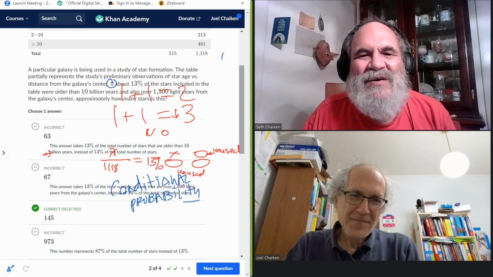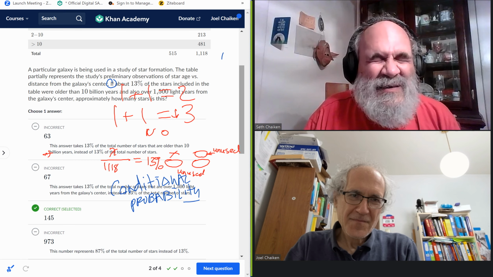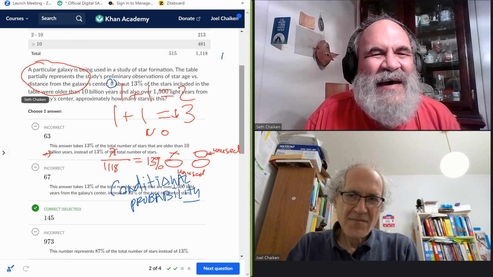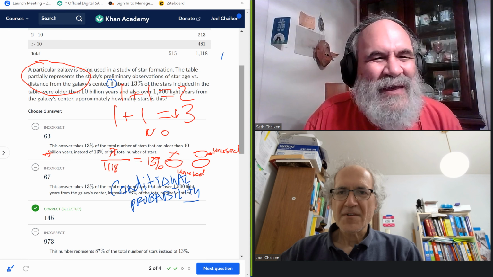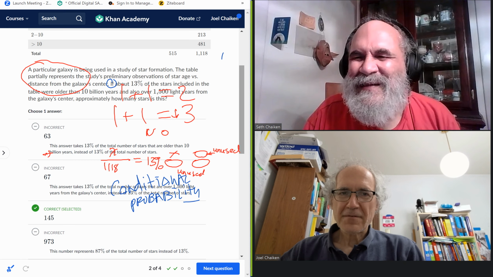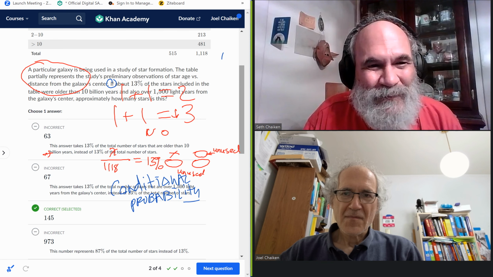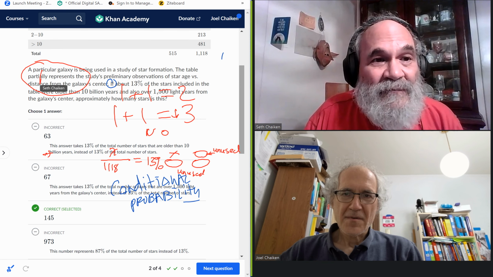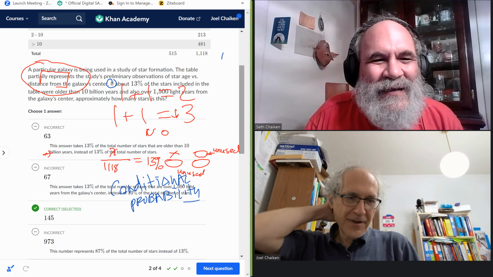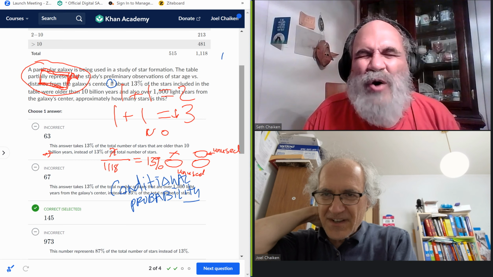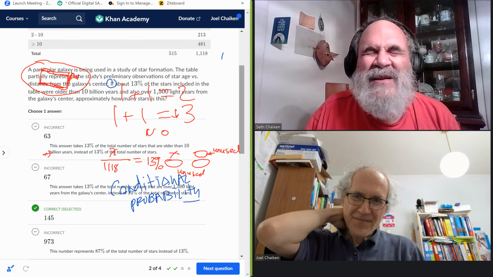Conditional probability is the following. You have a set of things that might happen. It's called the sample space. And conditional probability is when you specify a subset of the sample space. That's what we're doing. No, we didn't. Yes, it says if. No, I didn't finish the sentence.